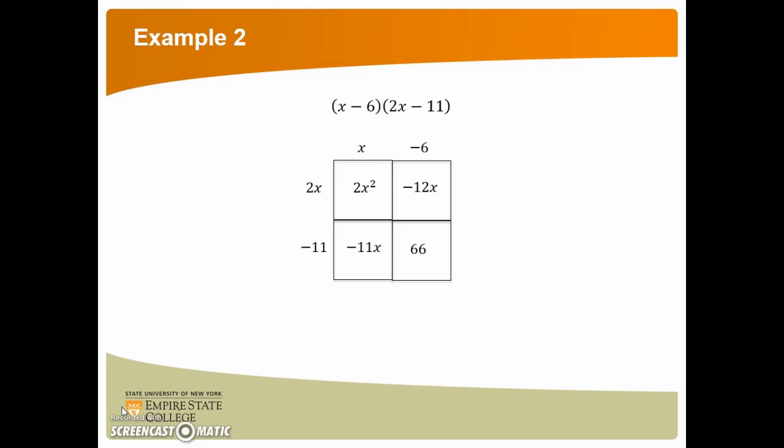X times 2x equals 2x squared. 2x times negative 6 equals negative 12x. Negative 11 times x gives negative 11x. And negative 11 times negative 6 yields positive 66. The negative 12x and negative 11x can be combined, so our final answer is 2x squared minus 23x plus 66.